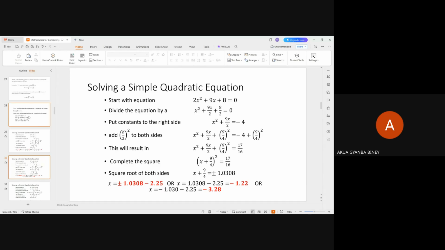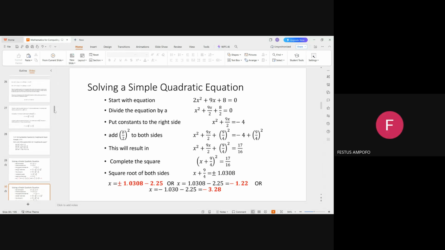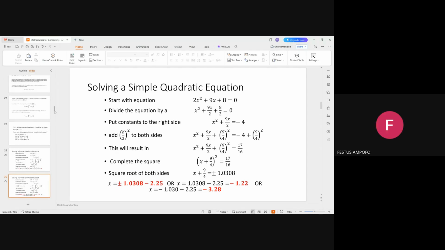All right. So, madam, please, I have a question. If I am correct, it means all that we did previously was to arrive here, because with the first one, we solved by completing the square. This one too.